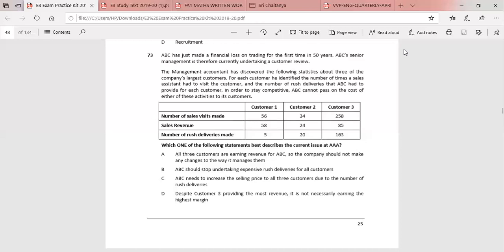The number of rush deliveries made are 163, much higher as compared to the others.